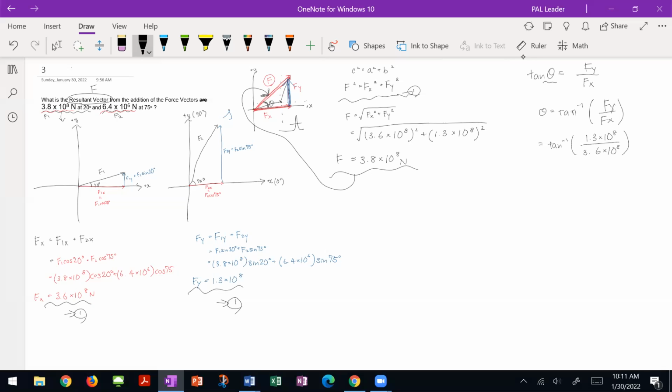Is that correct? I think it should be. And the angle comes out to be something close to maybe 19.8 degrees. So, yep, those are our two answers.